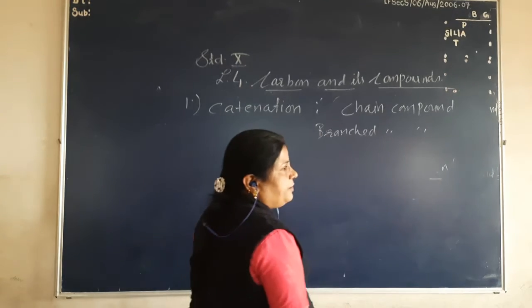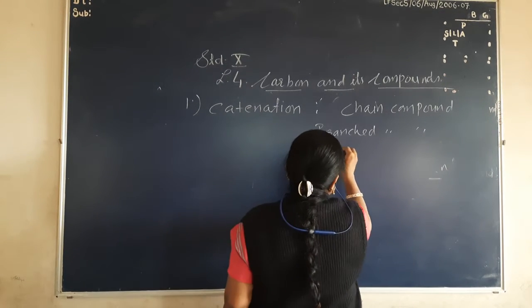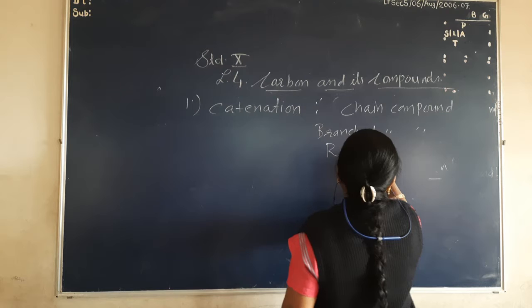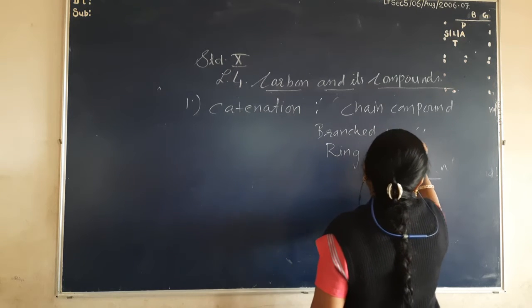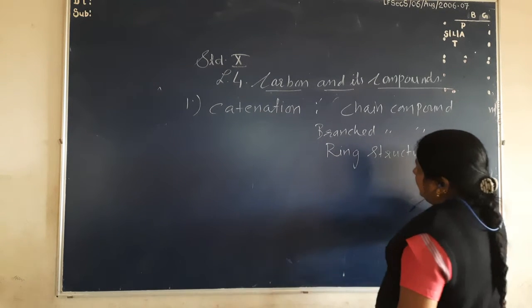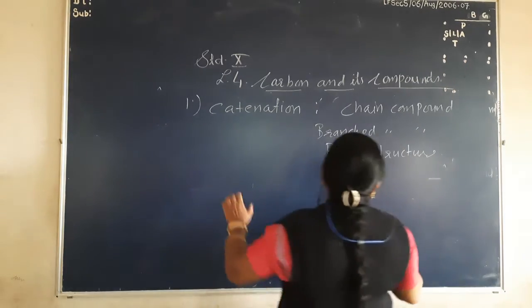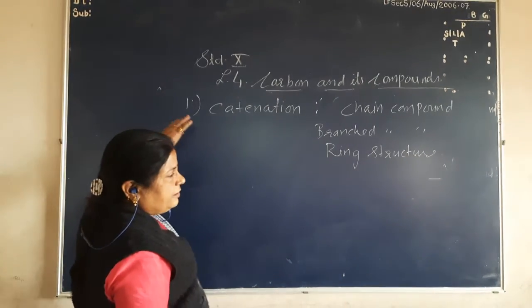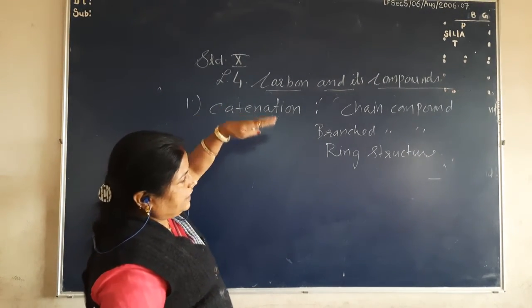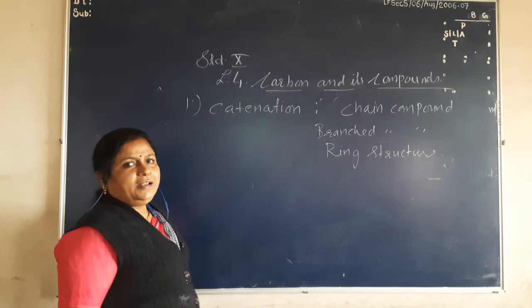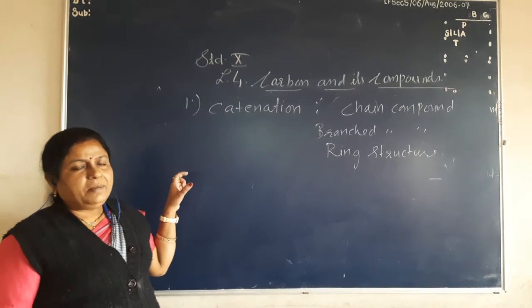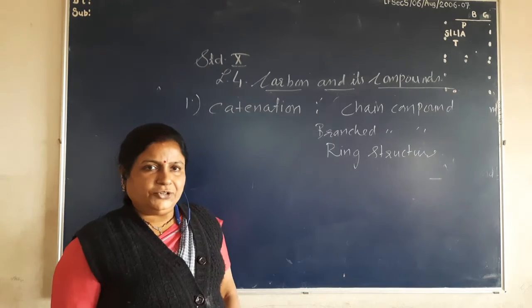It can form ring compounds, ring structures. This unique property of carbon to make compounds with a linear chain, branched chain or ring-like structure is known as catenation.